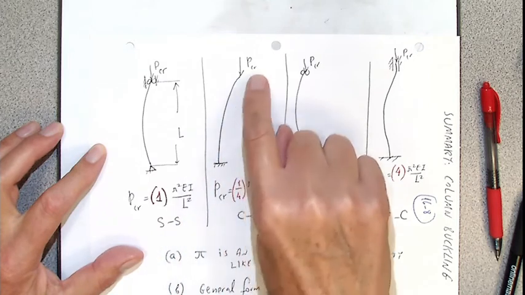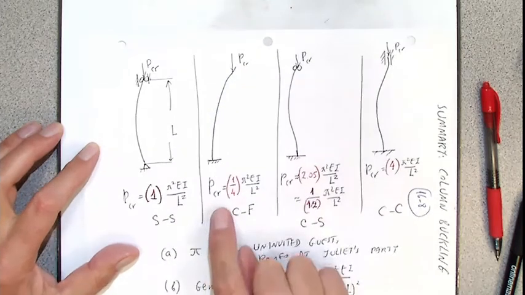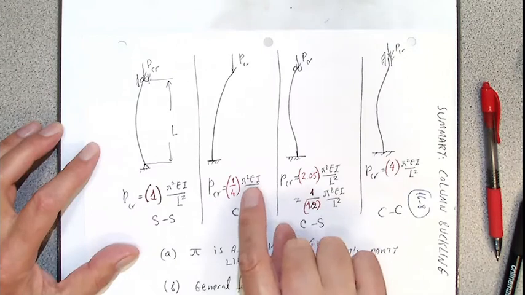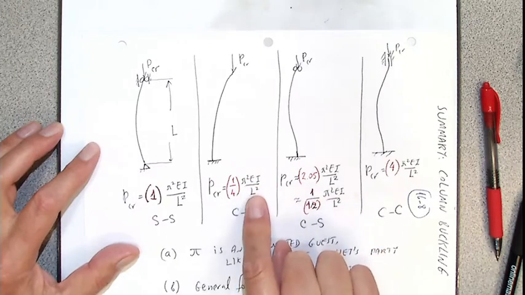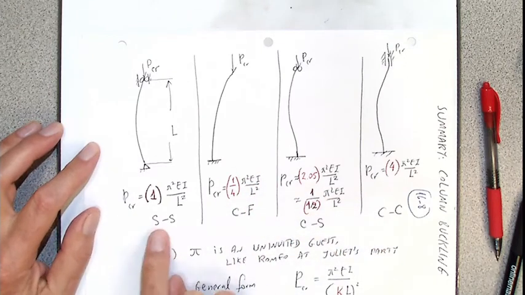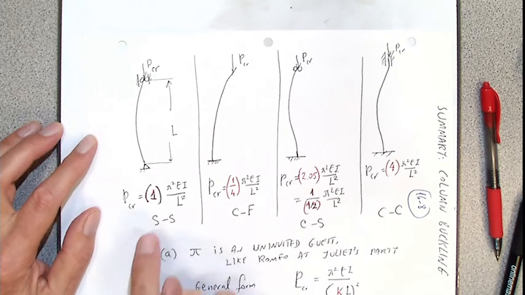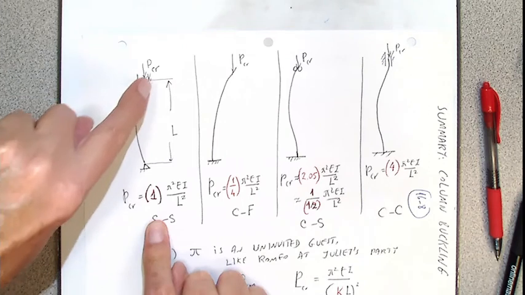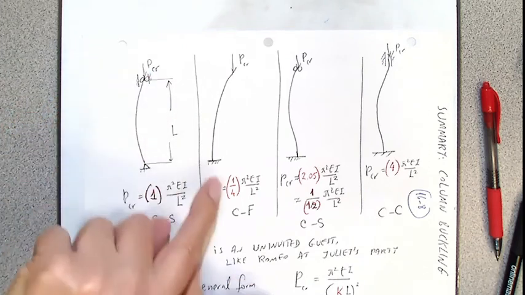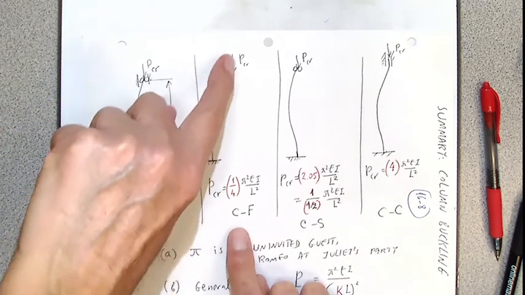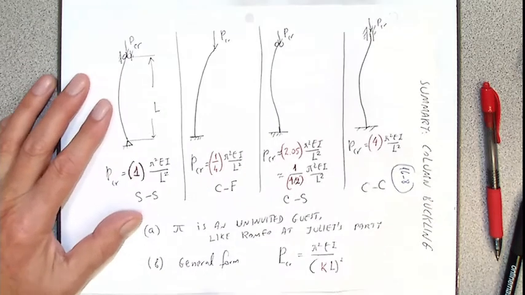For a clamped-free column, we today obtained P critical equals 1/4 times pi squared EI over L squared. That is simply supported at both ends, simply supported here, simply supported there. Clamped here, free there, 1/4.